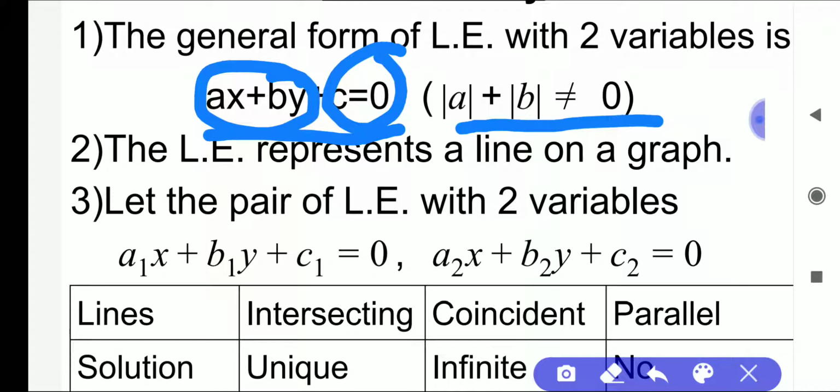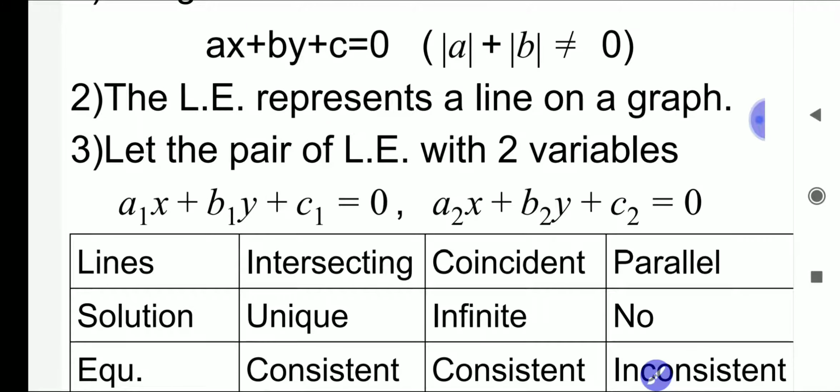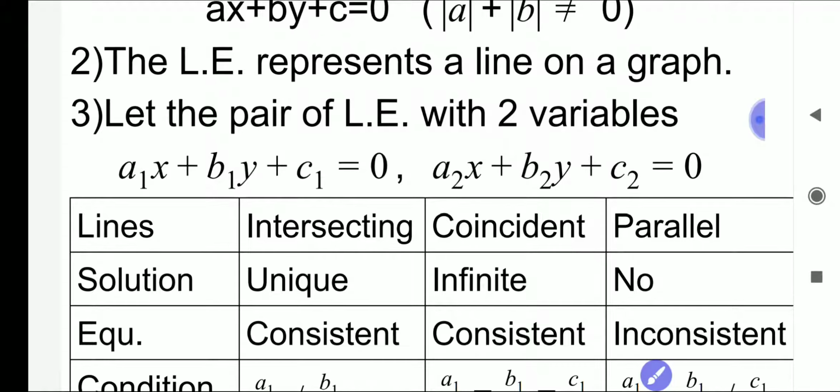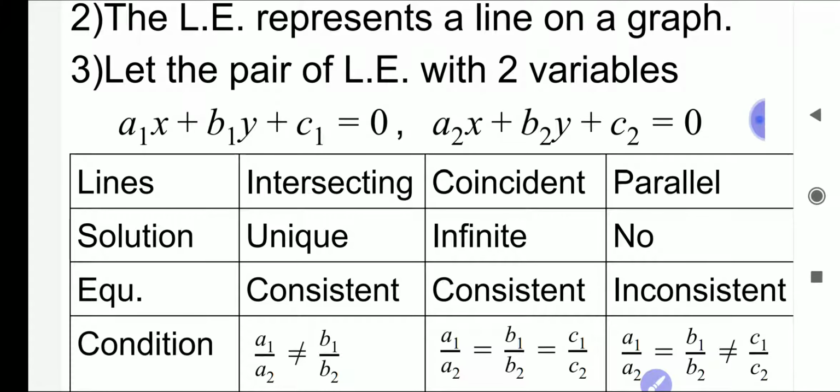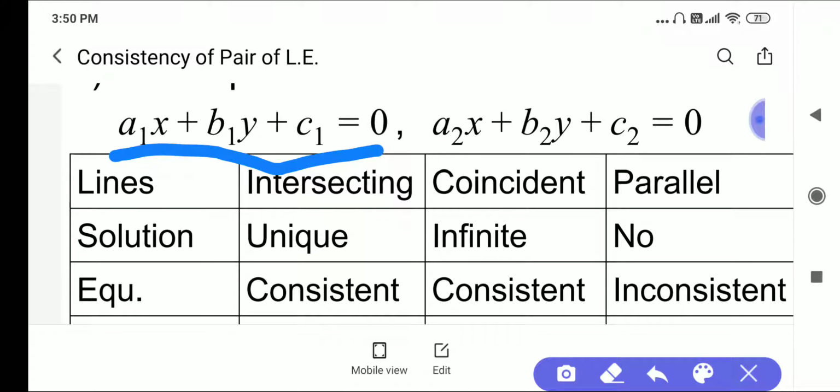Now we know that a linear equation represents a line on a graph. Let the pair of linear equations with two variables be a1x plus b1y plus c1 is equal to 0 and a2x plus b2y plus c2 is equal to 0. Now these lines are intersecting.